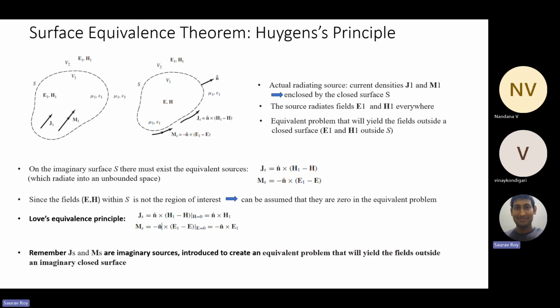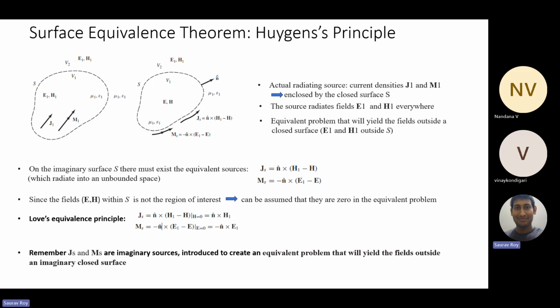Now it says the actual radiating sources are current densities J1 and M1, enclosed by the surface S, and these sources actually radiate the fields E1 and H1 everywhere. If you take any antenna, it has to be fed with some kind of source, current source or voltage source, and that will create some field outside, E1 and H1.